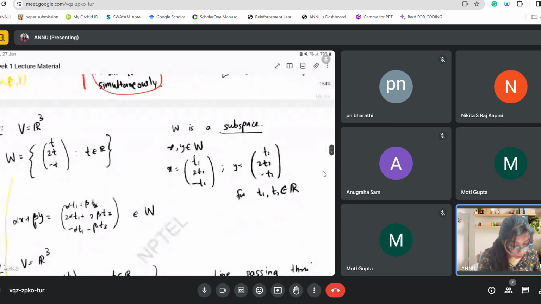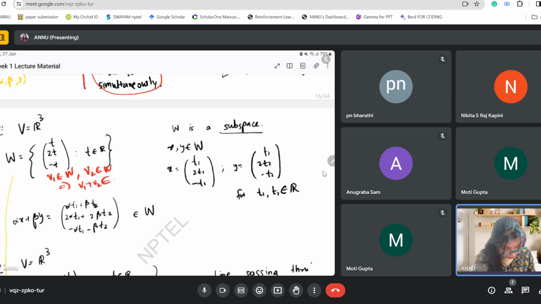Okay, so moving ahead, V is equal to R cube. Then if you have this particular W, you have to check whether it is a subspace or not. How will you check? Suppose v1 belongs to W, this is capital W only, and v2 belongs to capital W. This implies v1 plus v2 should also belong to W. So let us take t1, t2.